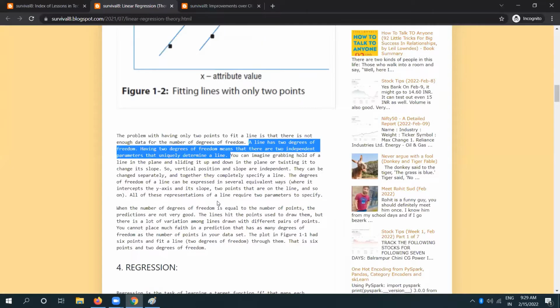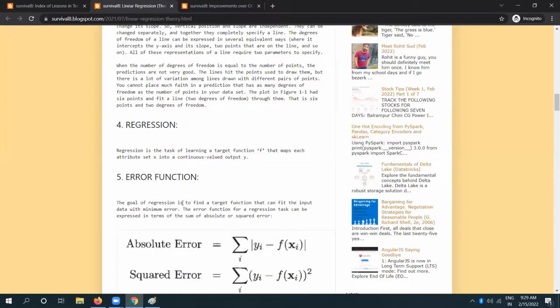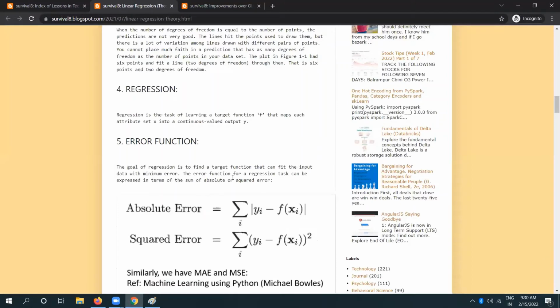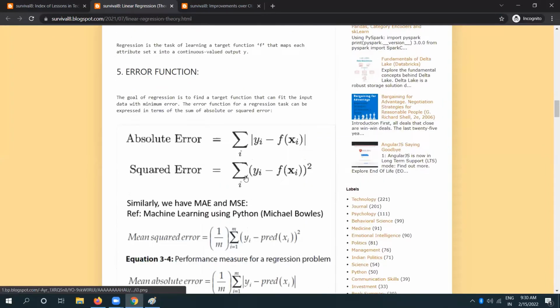Then regression. What we try to do is that we have a function to learn, and that function's output is our target value, and that maps to the x. We are trying to learn y with respect to x. We call this a function, that y is a function of x, and the way to represent that is given in these equations.